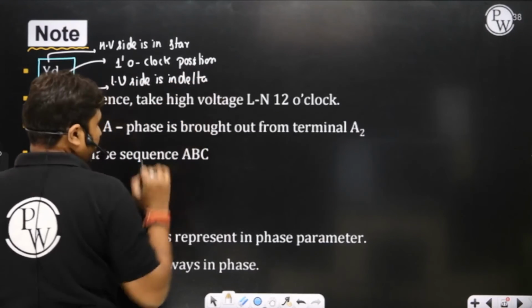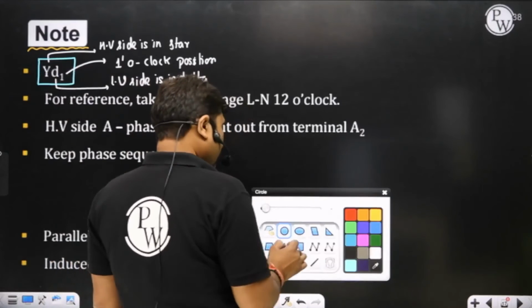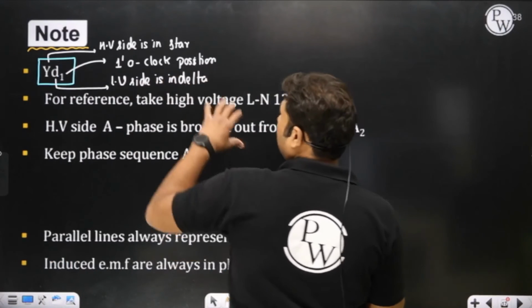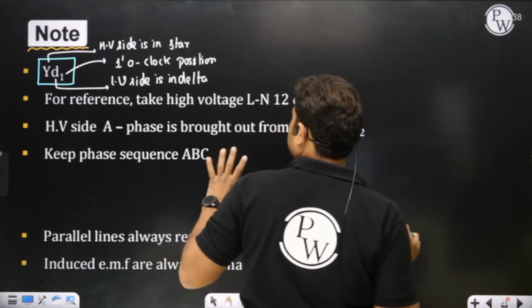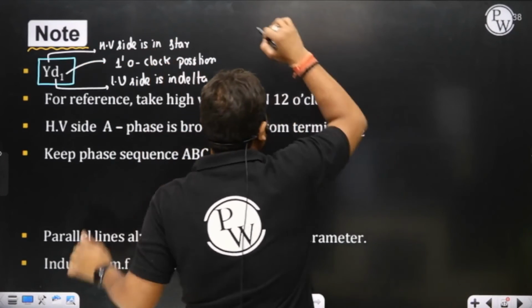Is it okay? We are unable to understand this. HV side is in star, LV side is in delta, and 1 o'clock position.